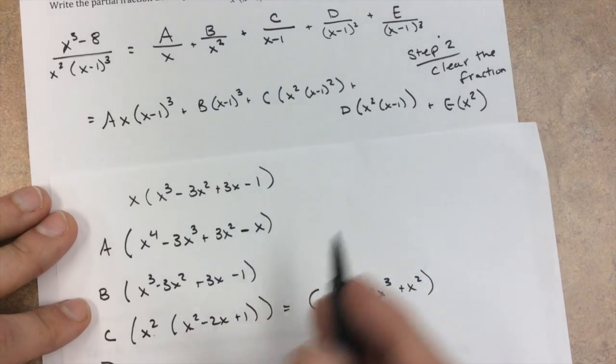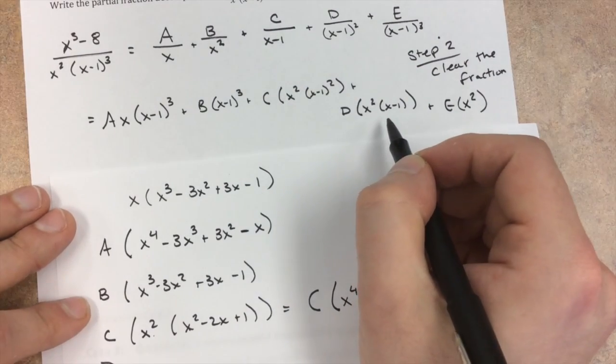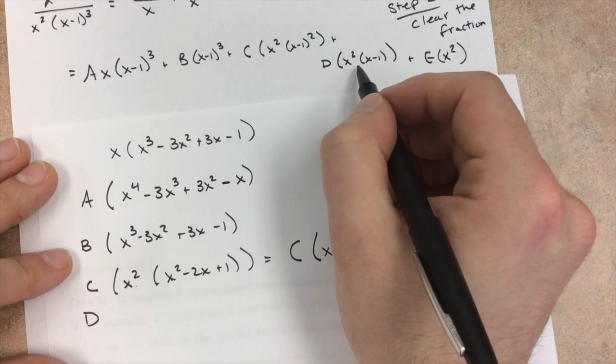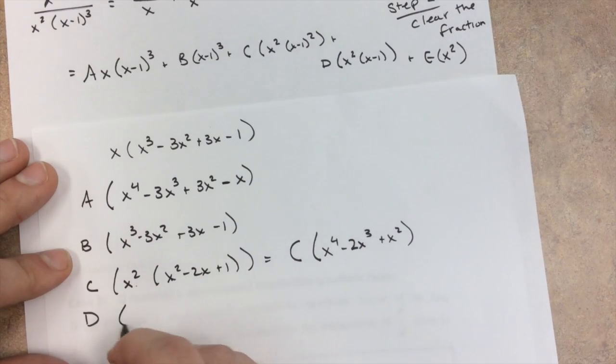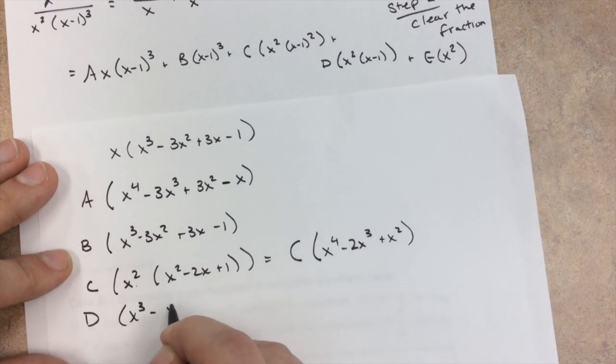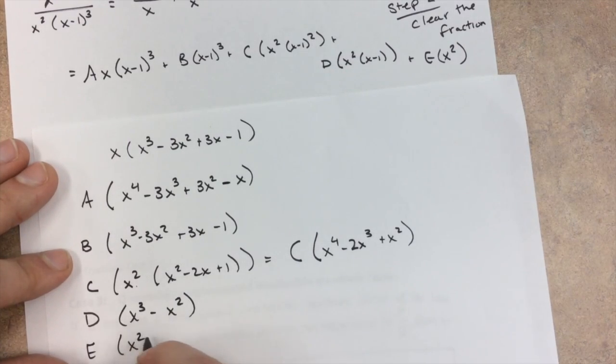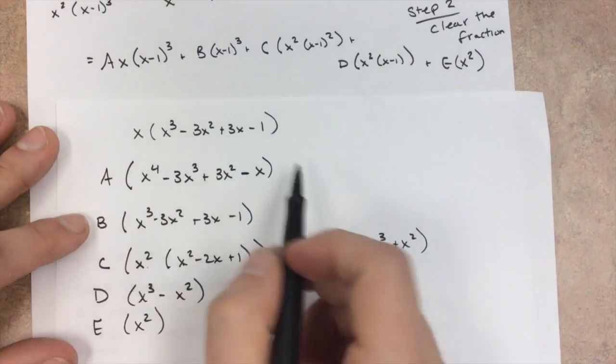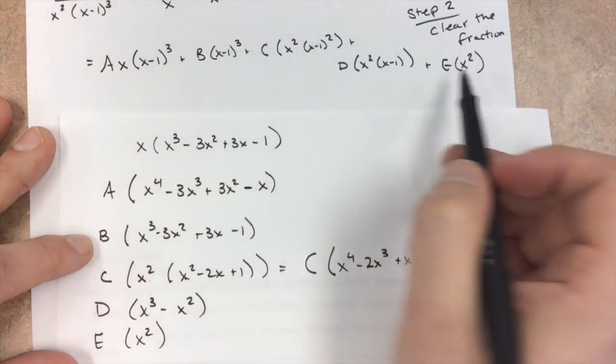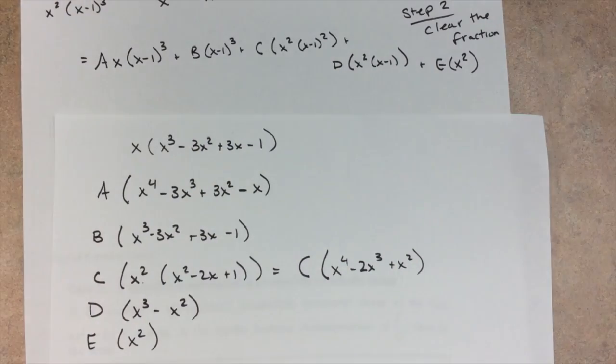My d term, if I look here, my d term would be x cubed minus x squared. And my e term is just x squared. So this is everything that's written up here, just multiplied out.